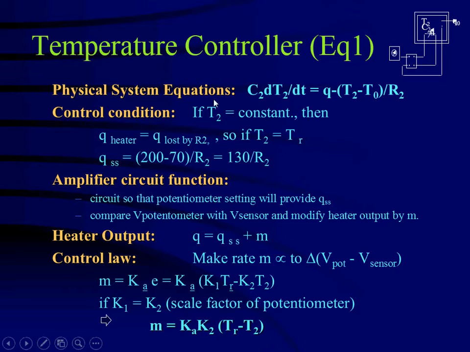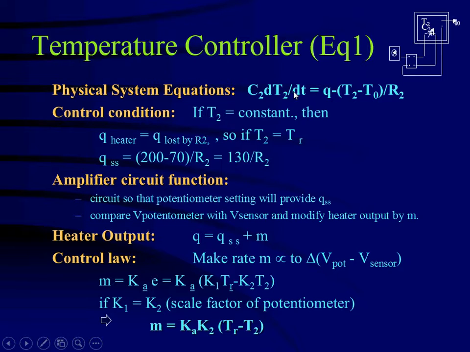In the case of the amplifier, it is to provide the heat for the oven, and also to compare the voltage coming from the sensor and coming from the dial that you set the temperature to.